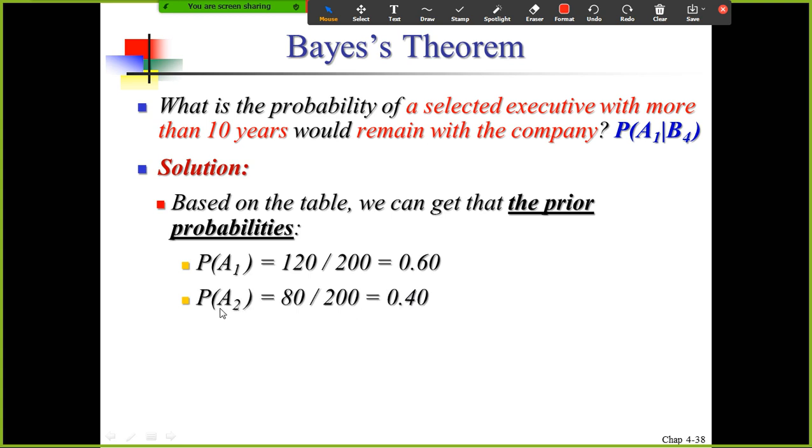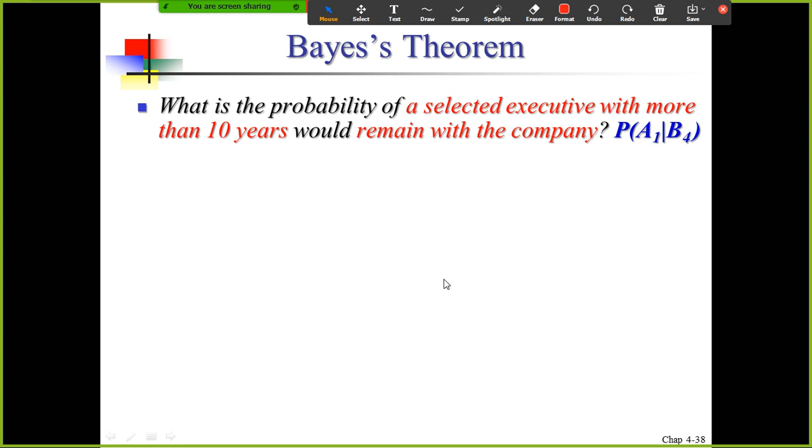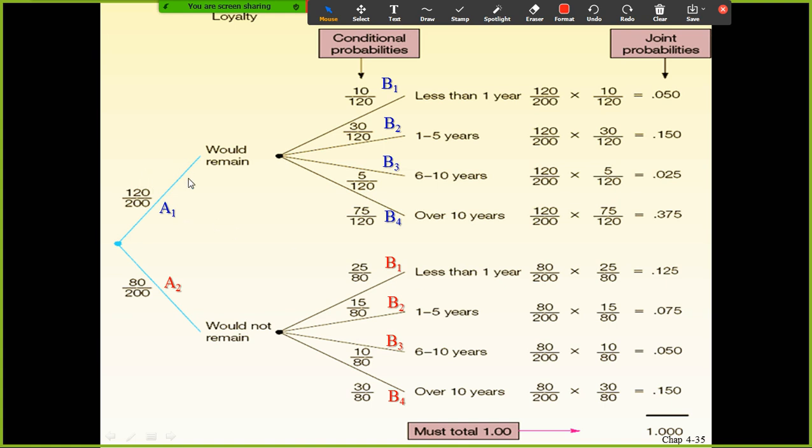And the probability of not remaining, moving to a new company, is 40%. This we call prior probabilities. In the previous video we didn't call this probability by any name, but actually it is prior. This is the first probability.